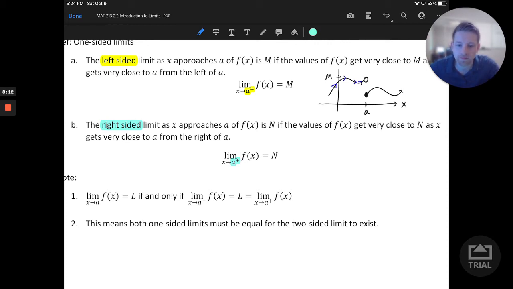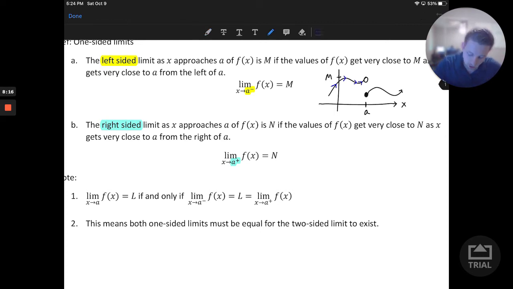So if I'm coming from my positive end of my graph and I'm approaching a height of n, we could augment our previous picture here and say as we approach from the right side of our graph, coming this direction, we would say that this limit is approaching the height of n, which happens to be a little lower than the value of m.